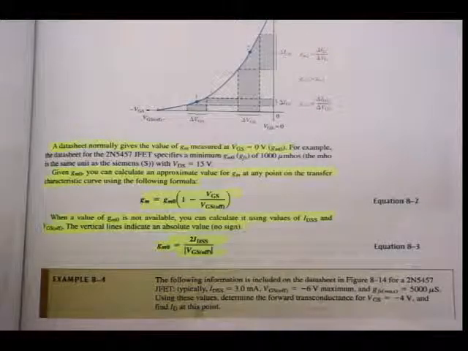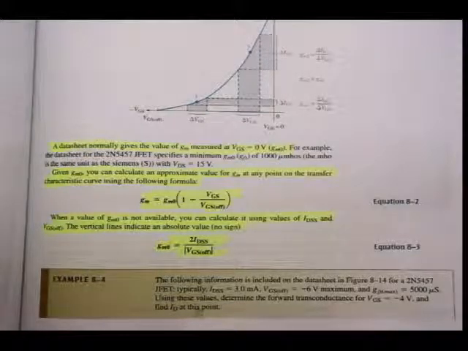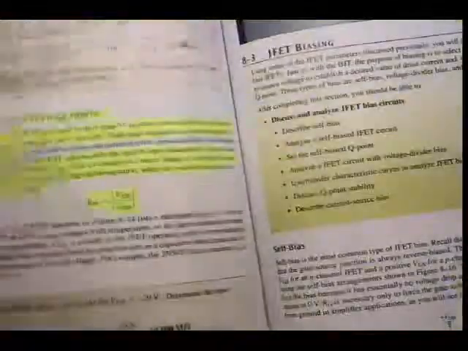Typically, IDSS 3 milliamps, VGS off minus 6 volts maximum, and GFS max 5000 microsiemens. Using these values, determine the forward transconductance for VGS minus 4 and find ID at this point. Solution on the next page.